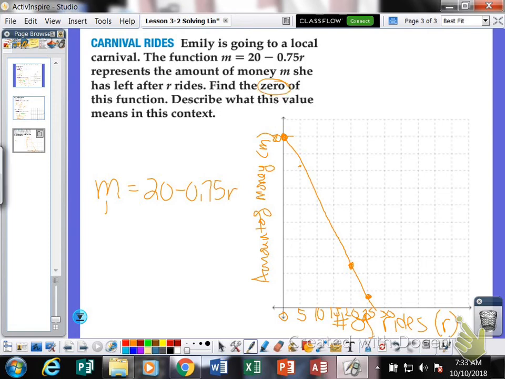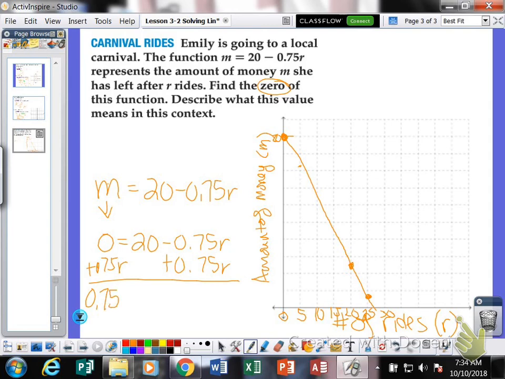So find when M is 0. So 20 minus 0.75r. Add 0.75r. So we have 0.75r is equal to 20. Divide by 0.75. And we find that r is approximately 20.67, I believe.